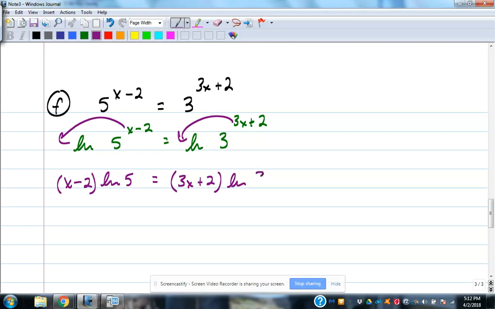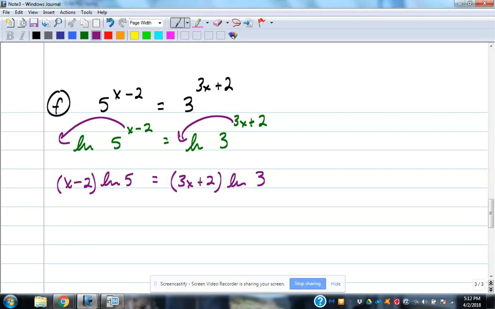This one is pretty complicated. All we've got to remember, though, is natural log of 5 is what kind of thing? It's a number, right? It's like the number 6. It's not 6, it's like the number 6. It's just a number. What property is this now? If this is a number, what can I do to these things?